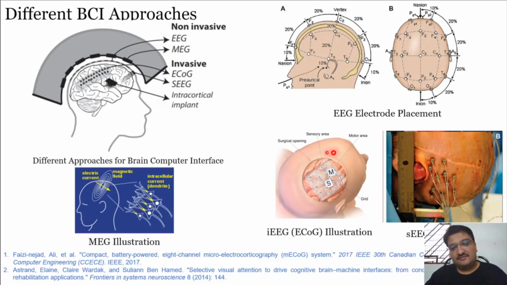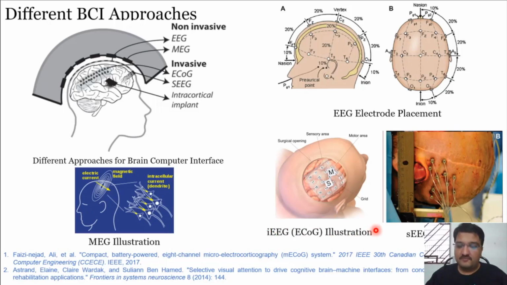This image shows where intracranial EEG is recorded from. Your skull will be opened. It's a minimally invasive process. Then some electrodes will be placed, and we can record the response. Now, this is for iEEG.